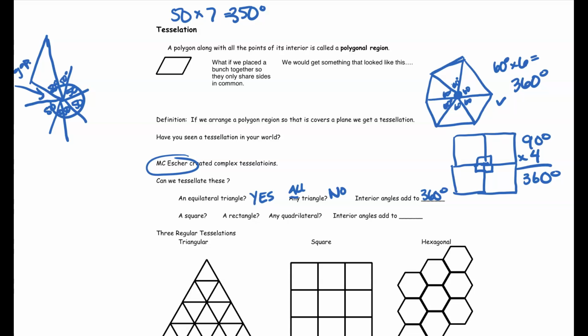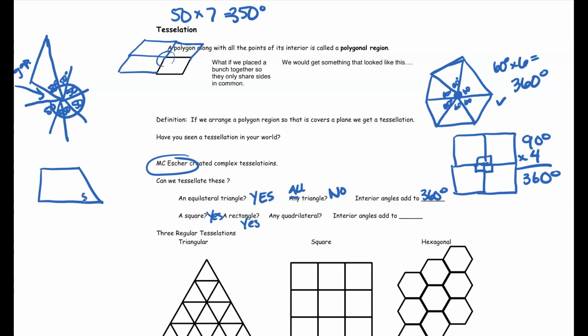A square will tessellate, yes. A rectangle will, because those angles are 90 degrees. Any quadrilateral? Think about this parallelogram here. You can see that this one will tessellate because we can make these angles meet together at the middle. But will any? I'm not so sure. Think of a trapezoid like this.